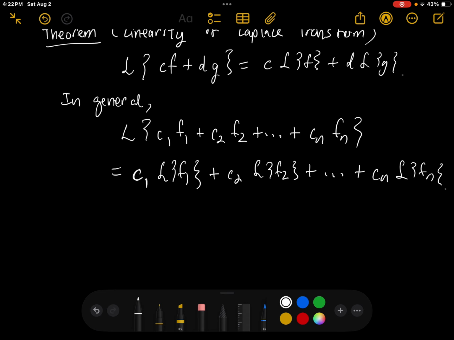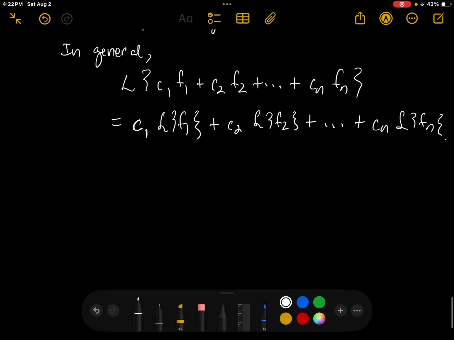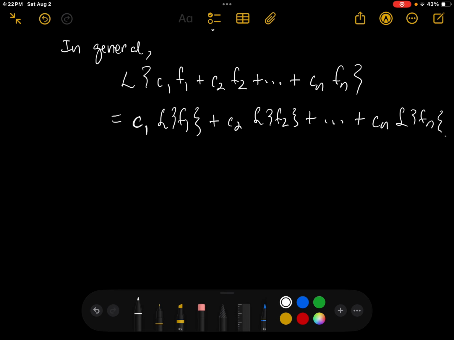Let's do an example first before going into why this linearity property is true. So, example: what's the Laplace transform of 10 minus 5e to the 3t plus 7 sine 2t?